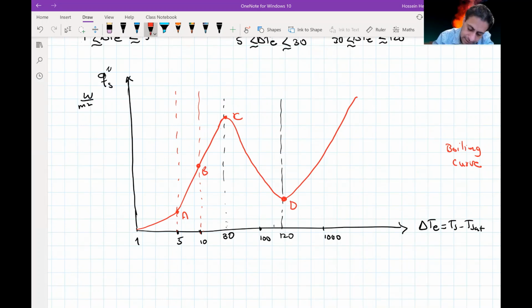So between 1 and 5 degrees, this is where we have, as we talked about, natural convection boiling. Then between 5 and 10, what we have here is nucleate boiling, but the bubbles collapse in the liquid, so we don't have a lot of bubbles in the liquid.